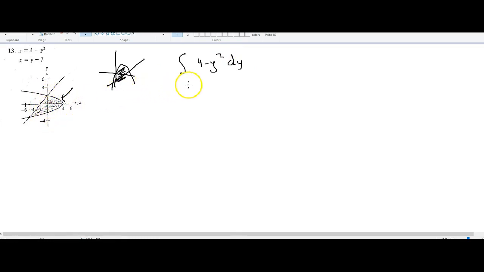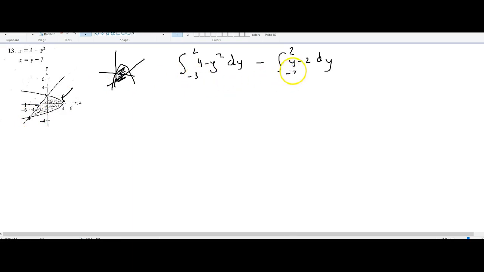And then we're going to do minus, and since this has a lower value of x, I'm going to integrate y minus 2 dy. And I'm going to integrate from where y equals to y equals. We know y ends at 2 because we looked at that point earlier. And I believe, if I did the math correctly, this is going to be -3 down here.